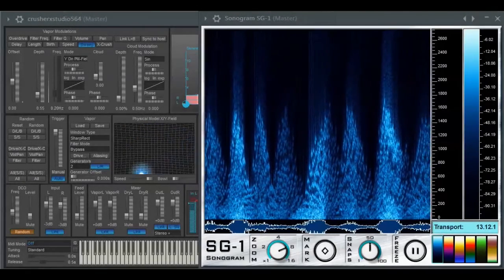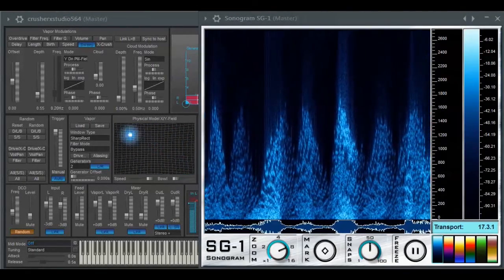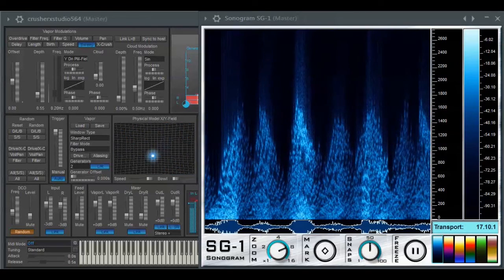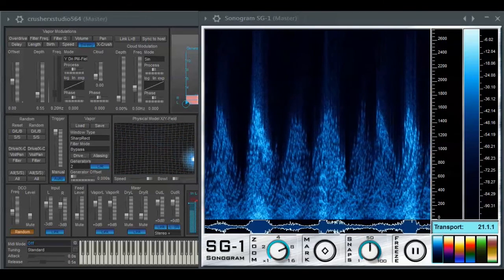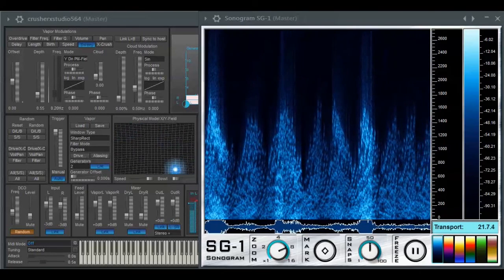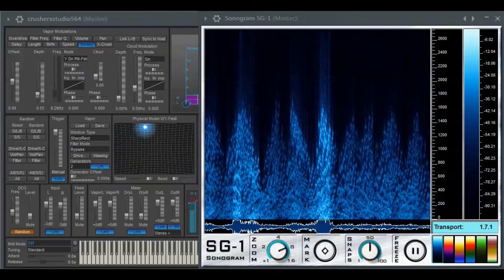Alright now, a little bit of fun now after so much hard work. The PM field, or in more professional terms, the physical model XY field.